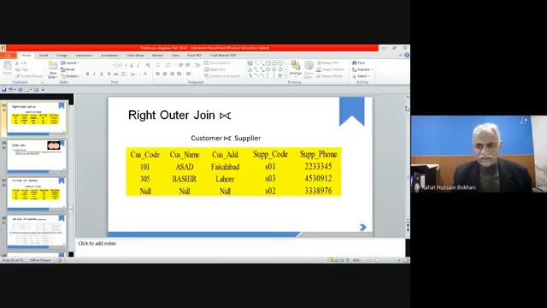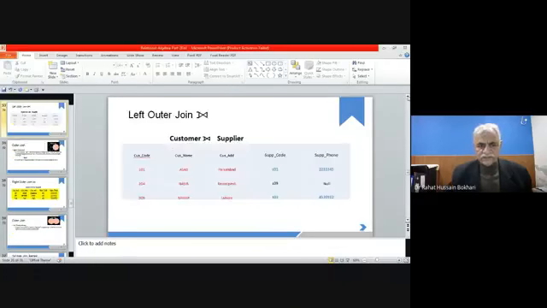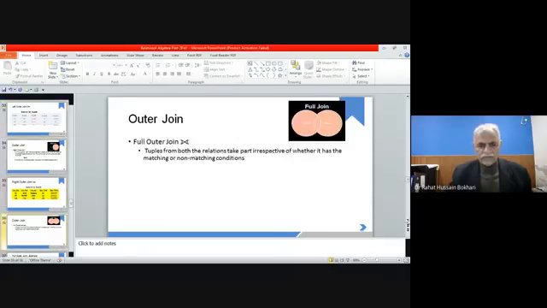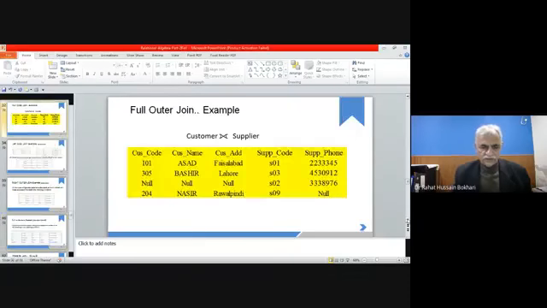And for the left outer join, this one was missing, S09. For that, this is null. So these should be included in the full outer join, and we get the result in this manner. These null values are unmatched here, and S09 and null. So this should be the full outer join example.